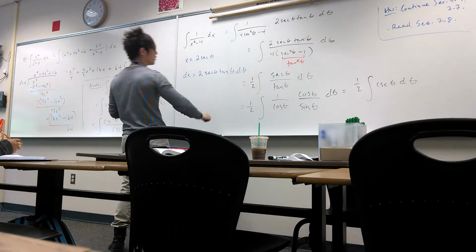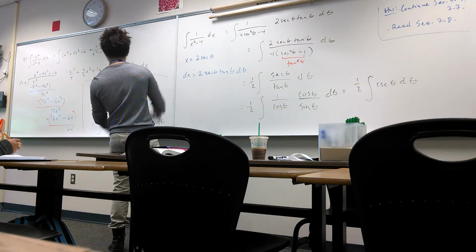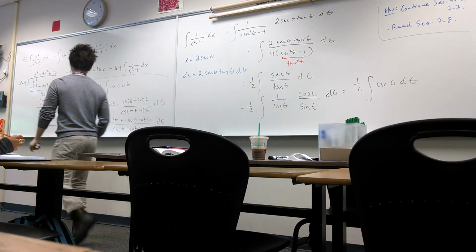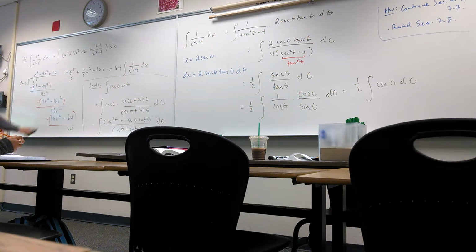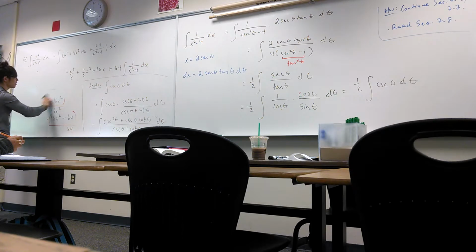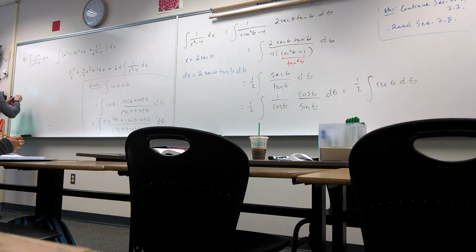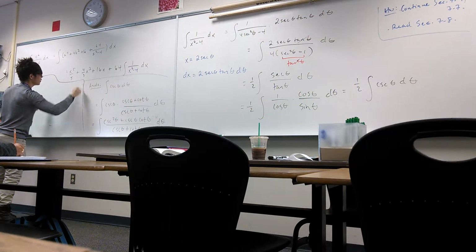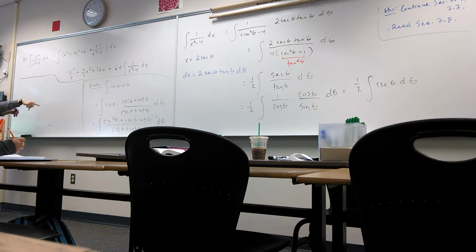Well, let's try it. Can't we do it and just take the negative sign out? Yeah, that's what I'm proposing. So let me erase this part. So let u be cosecant plus cotangent.